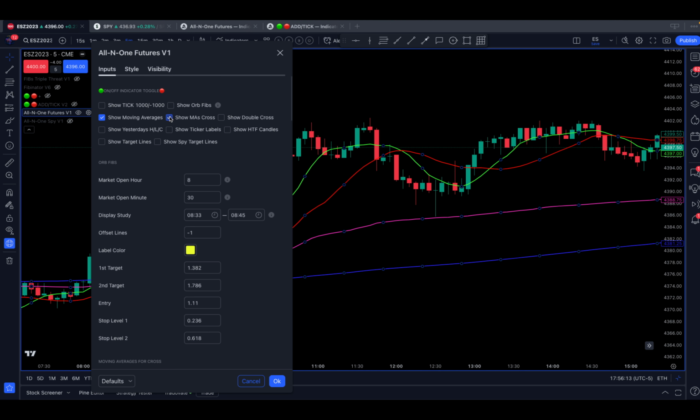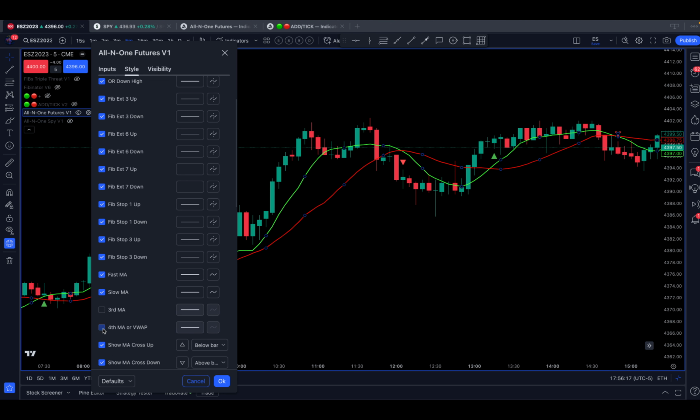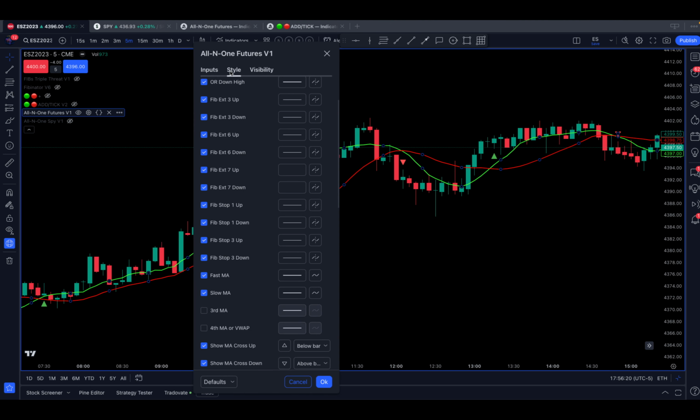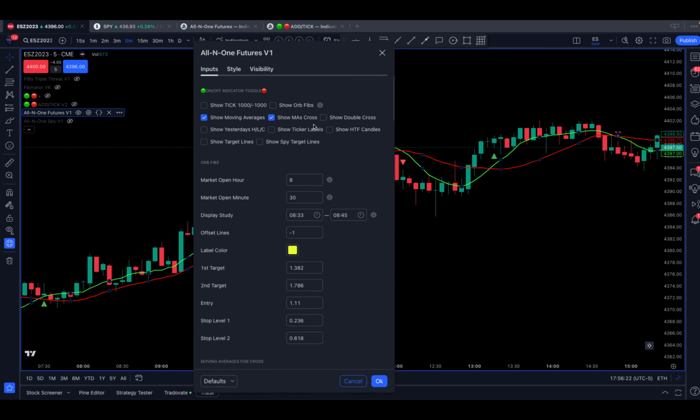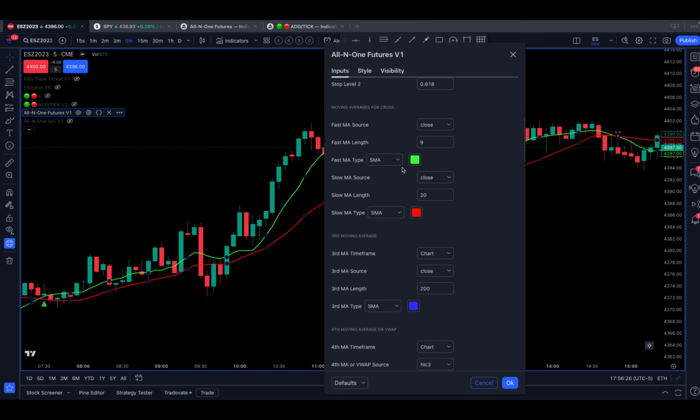Show MA cross: what this does, I'm going to turn off the third and fourth just so we can explain it. Its main concern is the first two, the fast and slow MAs. The cross of these two MAs will plot a triangle.